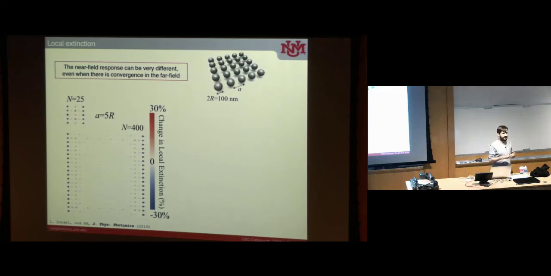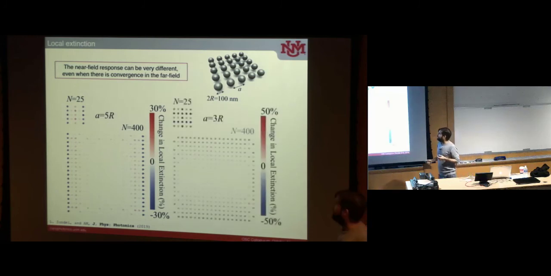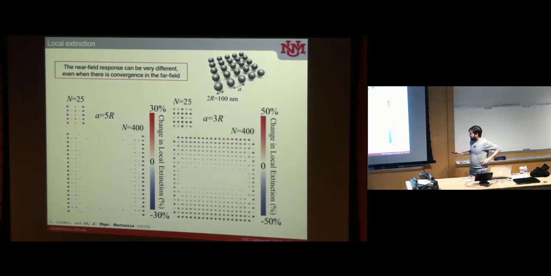And you can claim that, of course, that's what you expect. If I am truncating my array, I would expect that to affect the edges more than the center. But what is interesting is that in some cases, the changes in the local extinction of each particle can be 50%.